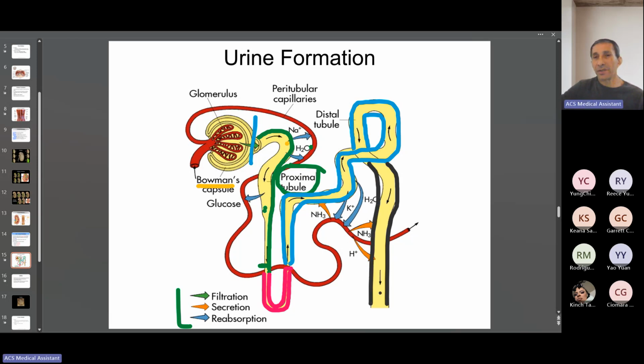So let's relate all of these to the digestive system. All this part right here is the small intestine, up to here. So you have the proximal tubule, the loop of Henle, and the distal tubule. It's like the duodenum, the jejunum, and the ileum.